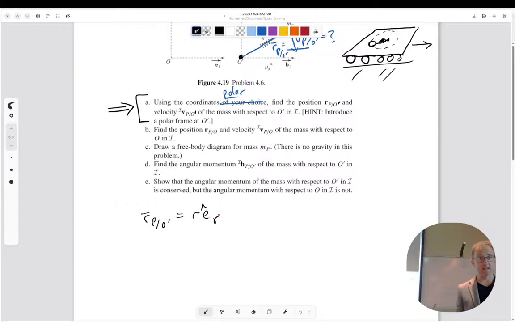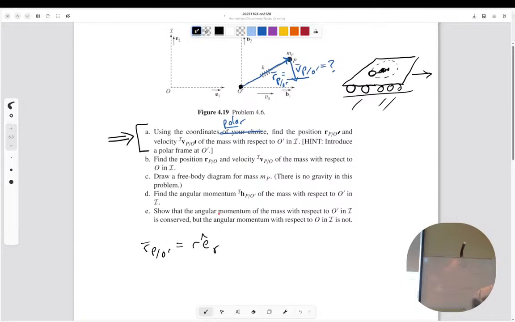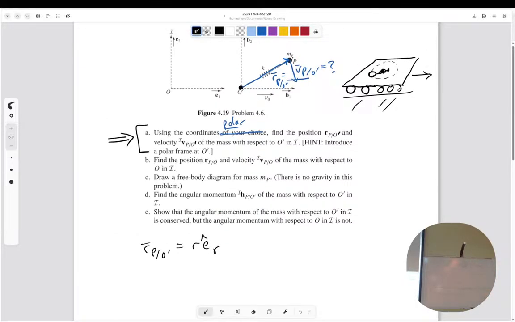And so this is it. That's all you need to describe position. What is the radius? What is the unit vector describing where it is? And that unit vector points out along here.